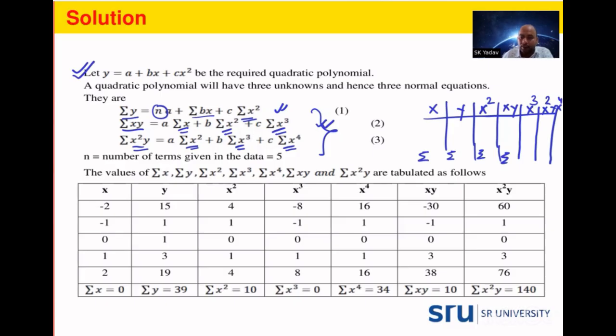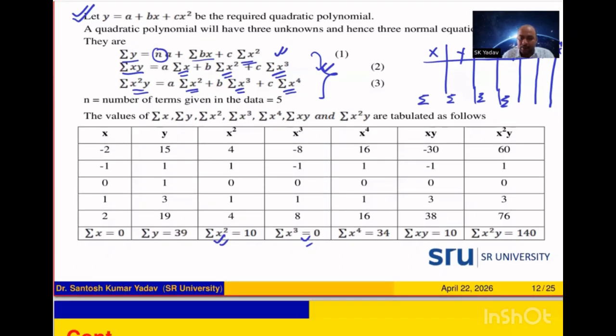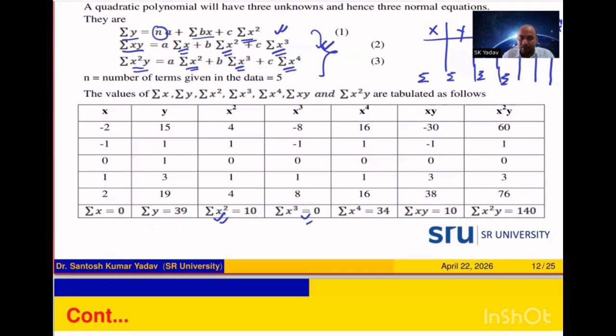So these are 1, 2, 3, 4, 5, five extra columns we have to compute for the given data set, and these are computed and the summation is taken here. You can verify these calculations on your own, maybe some mistake will be there, but just to verify.